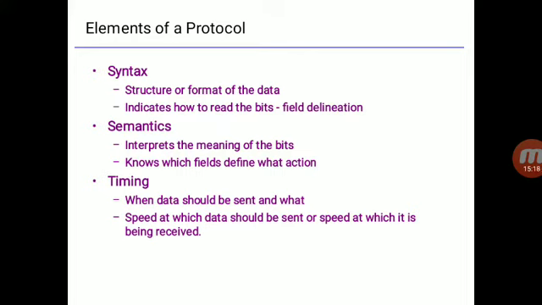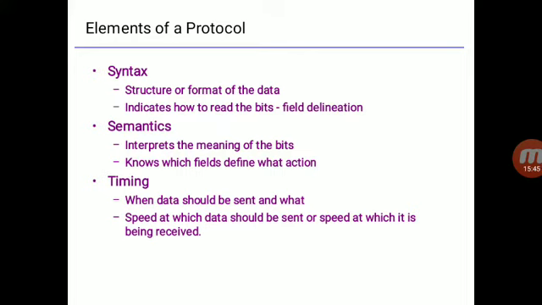Similarly, computers have their own knowledge of semantics. What is the meaning of the bits that are followed needs to be interpreted, and it knows which fields define what kind of action. So that is decided by the semantics.